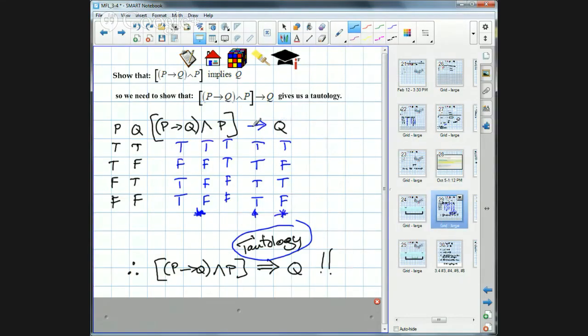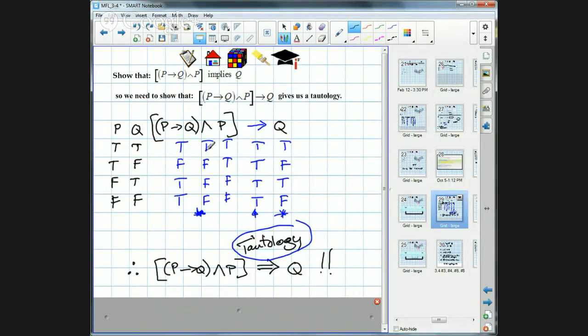And now the last step is to do an if-then. If from this asterisk, then what's in this asterisk. It's only false when the first statement's true and the second one is false. Do we have any like that? Look, we have true, true. No, the first one's true, the second one's true.